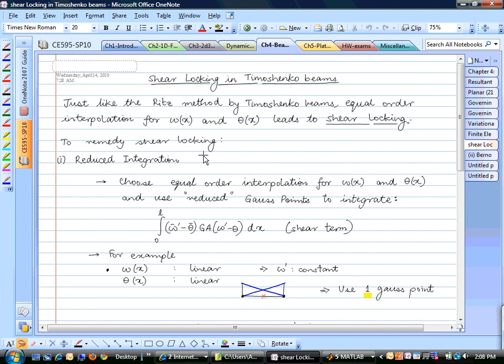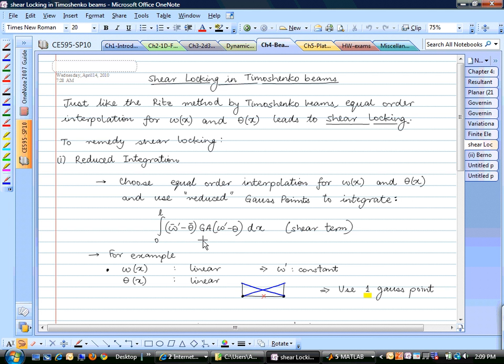So a couple of ways to get rid of this shear locking for Timoshenko beams: one of those methods is called reduced integration. This is also something that we've seen before, but maybe not in the context of beams. Essentially, the idea is that we will choose equal order interpolations for w and theta.